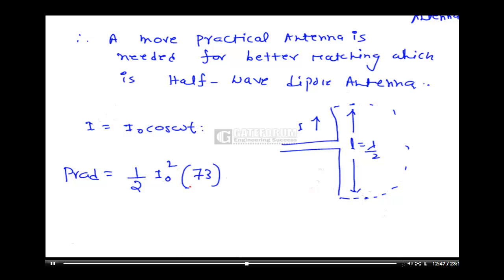So here it is very interesting. This is 73. If you compare this with the Hertzian dipole, where we are getting half into I naught square R radiation, instead of R radiation here we are getting 73.